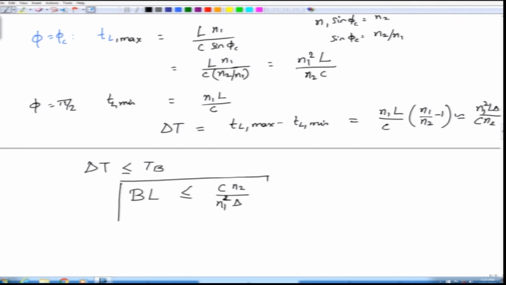This product on the left hand side is called the BL product. It tells you the bit rate into length product, that if you want a larger bit rate you have to reduce the length L, and if you want a larger length then you have to reduce the bit rate. And for a given multimode fiber with the parameters n2, n1 and delta known to you, this would be the limit on the bit rate into distance factor. Thank you very much.